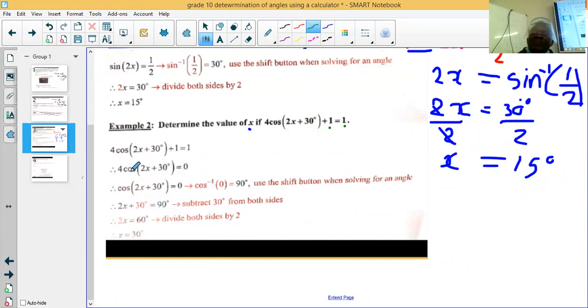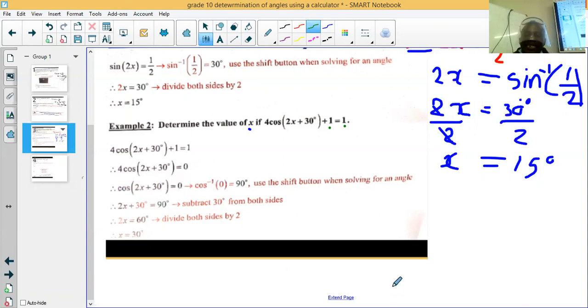So we divide by 4 both sides. If you divide by 4 here, you divide by 4 there, right? So ultimately, if you say 0 over 4, it gives us a 0. Now, cosine 2x plus 30 is equal to 0.